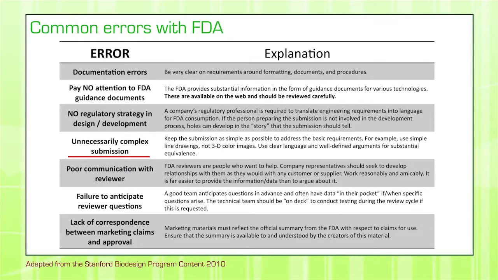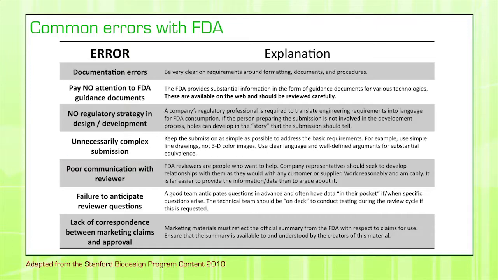And that actually causes the opposite effect. It makes the FDA get confused and actually look more thoroughly and more skeptically at your data and at your submission, so you don't want to do unnecessarily complex submissions of documents. Keep it simple. Try to do as few submissions as possible, and to be as clear as you could possibly be.